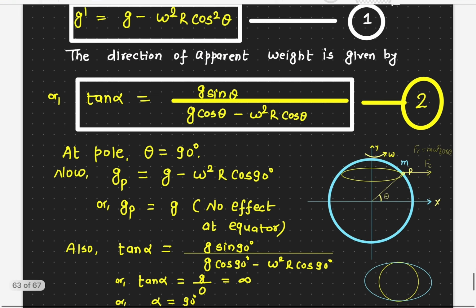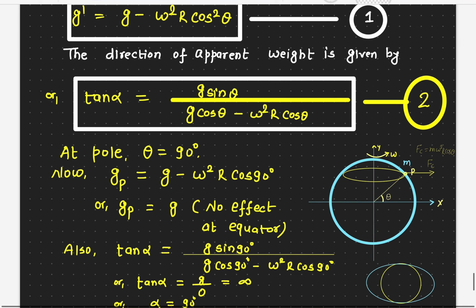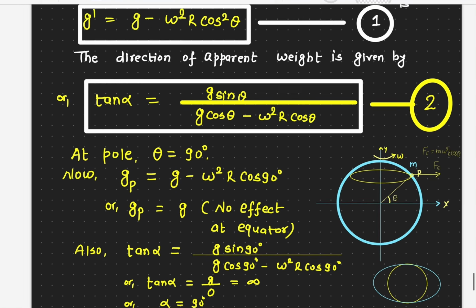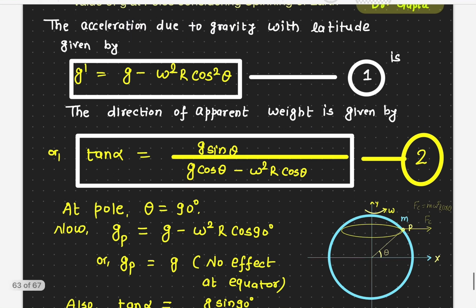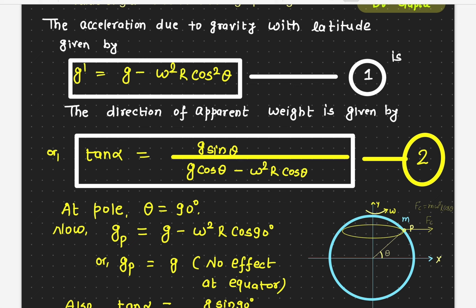Now let's come back here. Because of this spinning of the Earth, the acceleration due to gravity would change, and that's the equation. In this equation, this is the acceleration due to gravity simply considering the mass and radius of the Earth, without considering the spinning of the Earth.